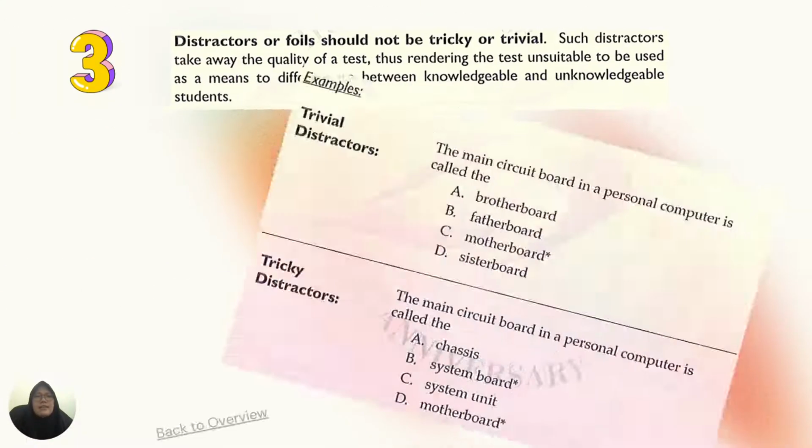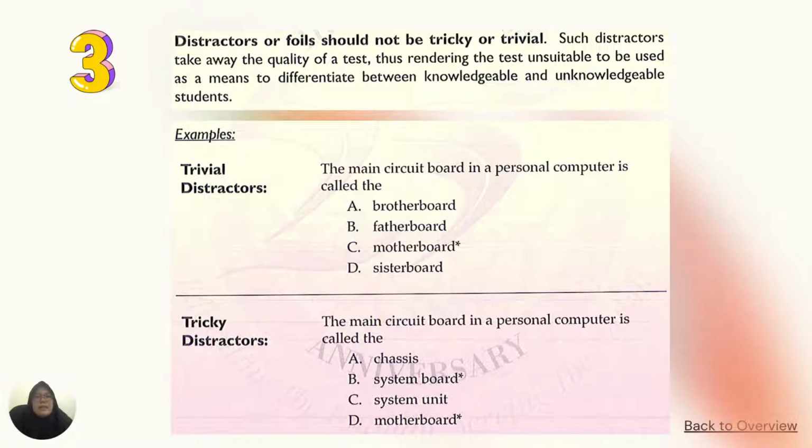The third guideline is that the distractors or foils should not be tricky or trivial. Tricky means difficult, hard, complicated and complex, whereas trivial means having little value or importance.